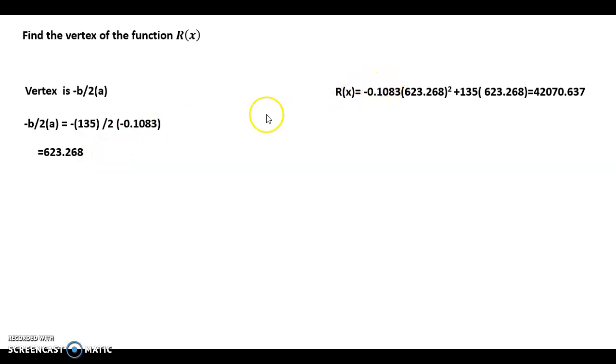And then to get the other, you have to plug the vertex into the original equation. So the original equation is negative 0.1083 times the vertex, which we just found, and what we got is $42,070.637.